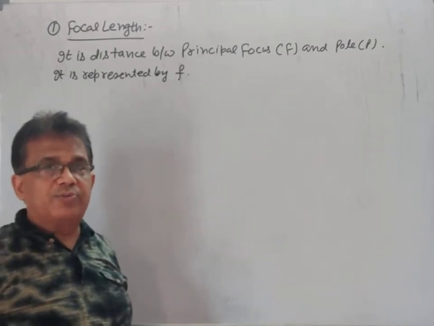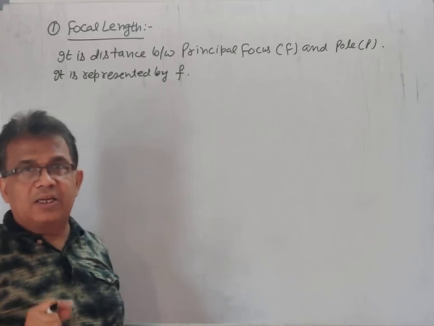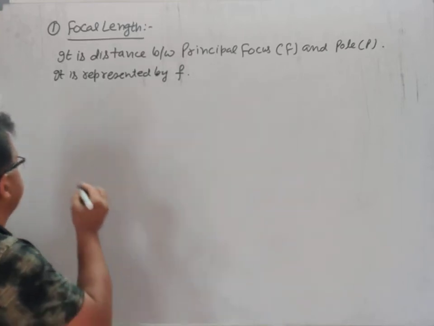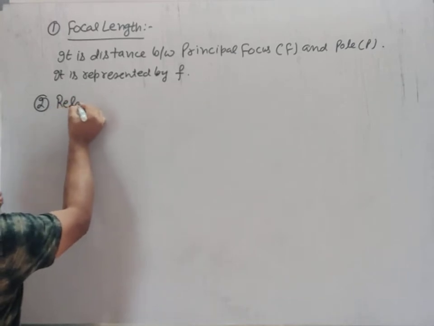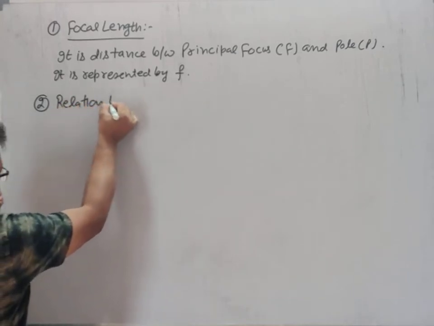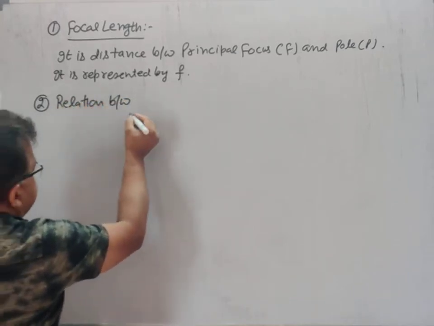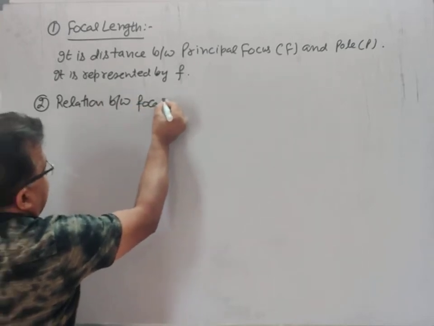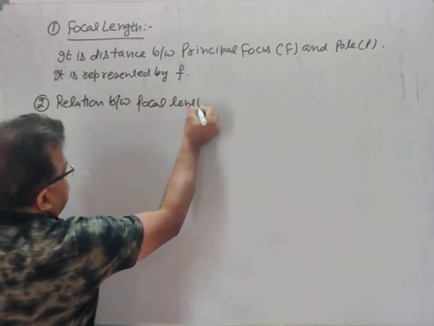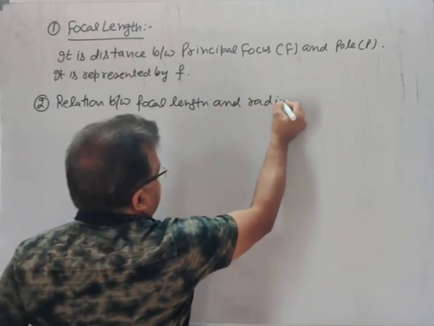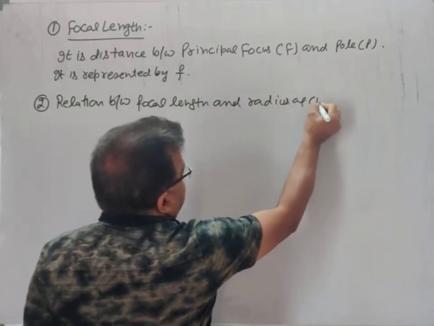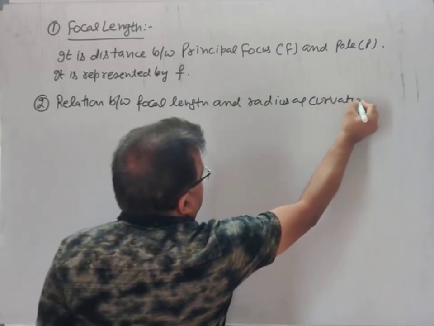Now what is the relation between focal length and radius of curvature?